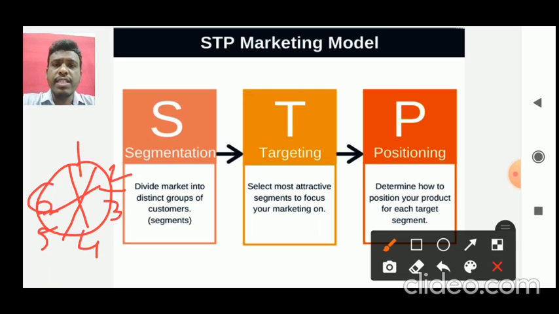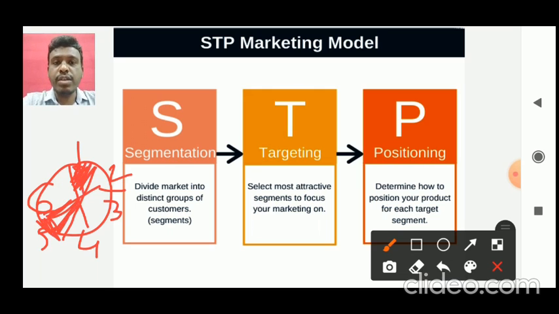Now the company has to focus on one or maybe a few segments out of these which it desires to cater to, that is, to serve. Which segments are they going to select? Suppose they select the first segment and the 5th segment.